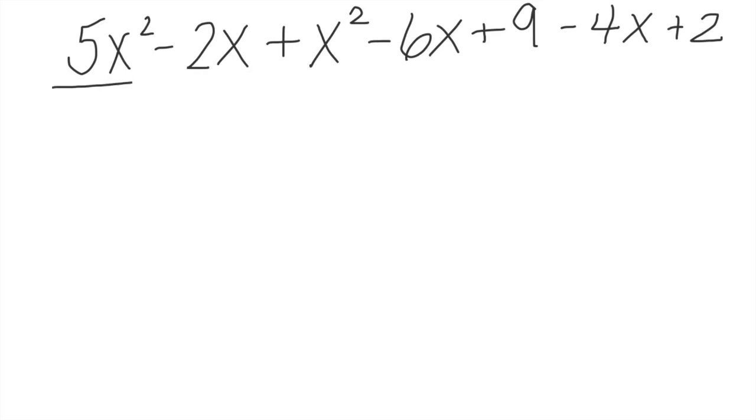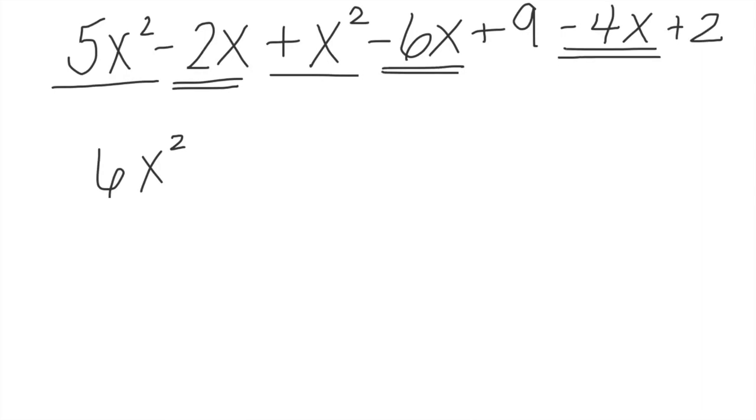We're going to start off with x squared. So 5 plus 1, just x squared, is 6x squared. Now we have negative 2x minus 6x, that's negative 8x, minus 4x, negative 8 minus 4 is negative 12x. And then we have 9 plus 2, that's 11.